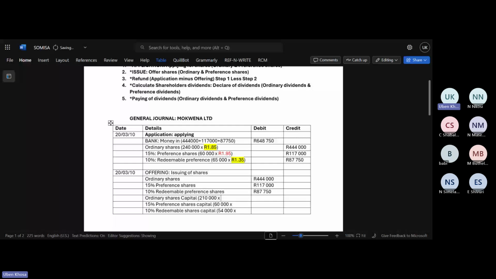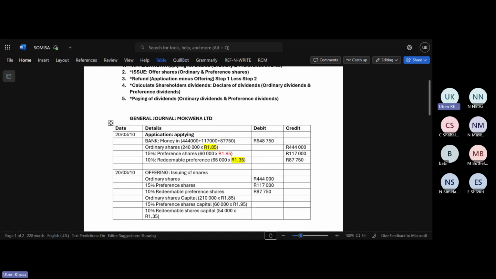Fine. Now let's convert these shares again into cash or into a value. How much is each ordinary share? 1,85. Then preference shares, how much each? 1,95. Then the last one, 1,35. And now let's just do our calculations. Let's start with ordinary shares.